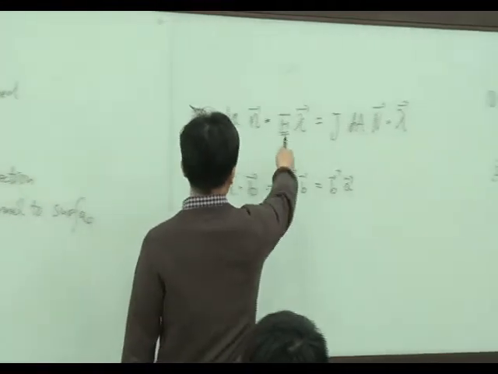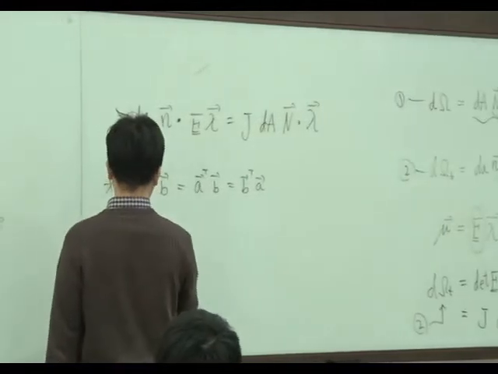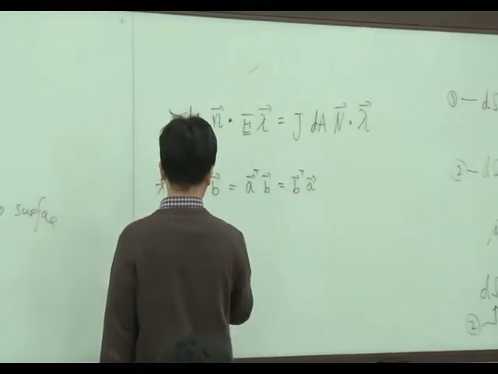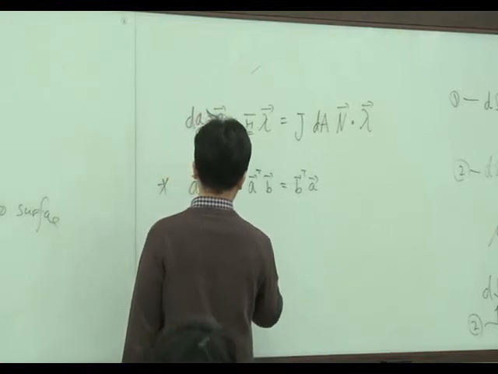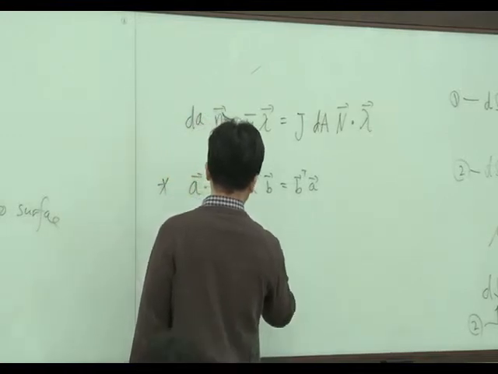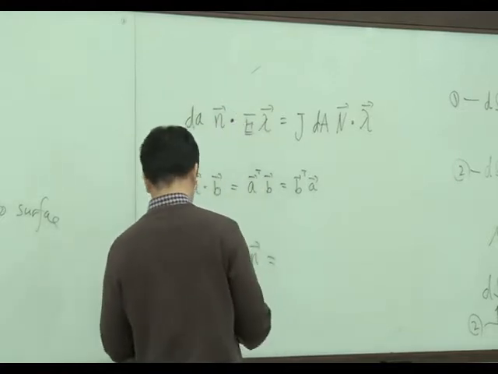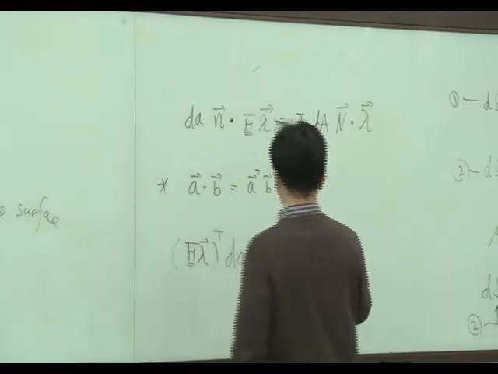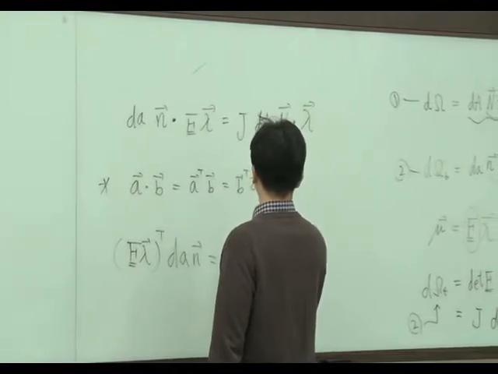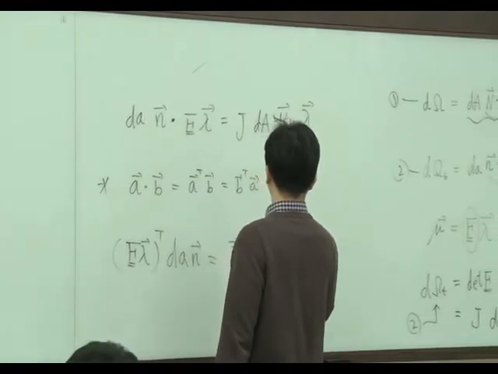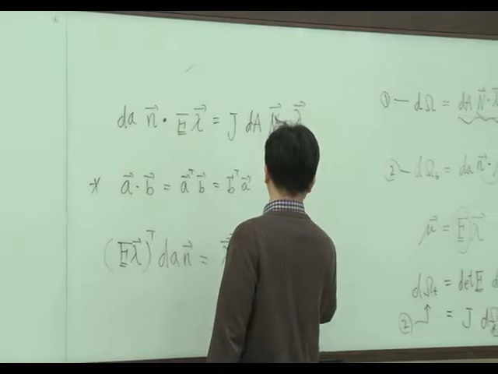So this equation can be written as F lambda transpose da n equals lambda transpose J dA n.